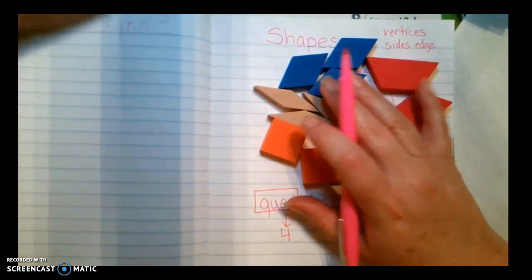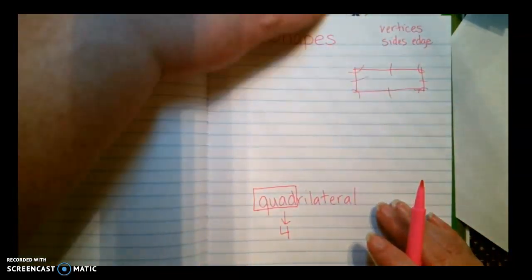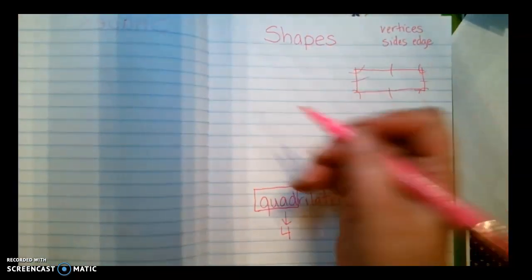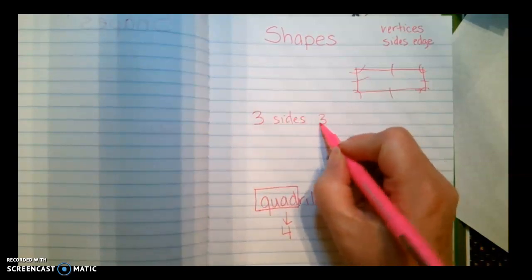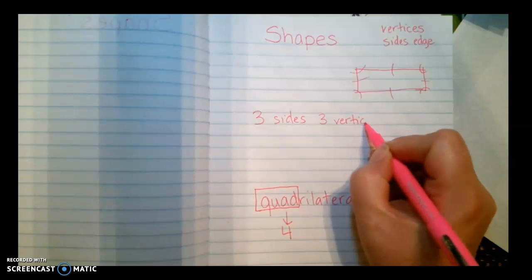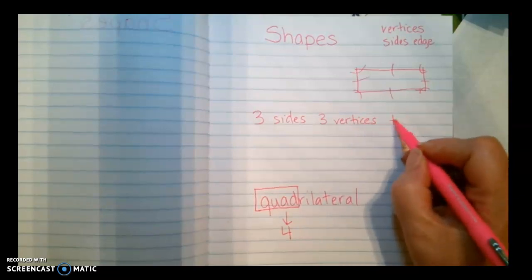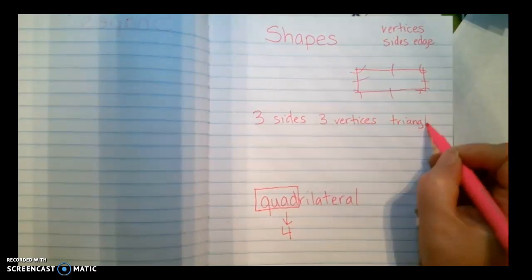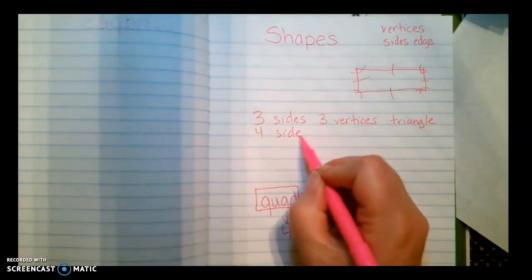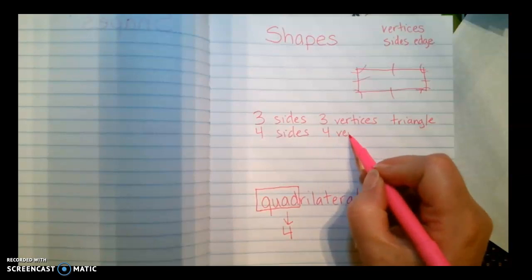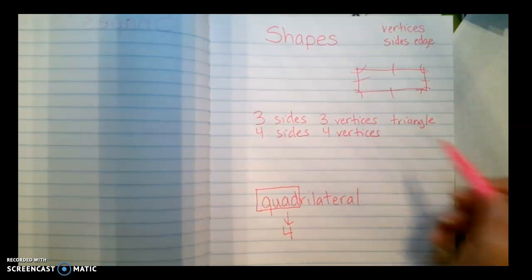Okay, so we're going to now get into our book and we're going to look at our lesson for today. And we're going to be looking at shapes with 3 sides and 3 vertices. And these are called a triangle. We're going to look at shapes that have 4 sides and 4 vertices.